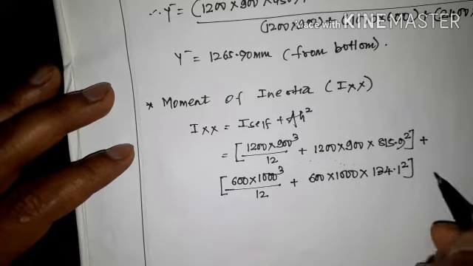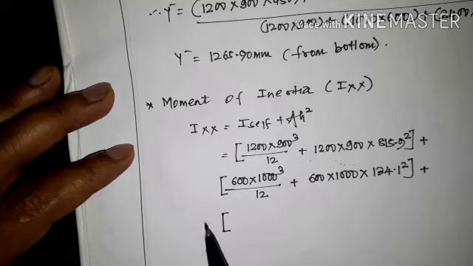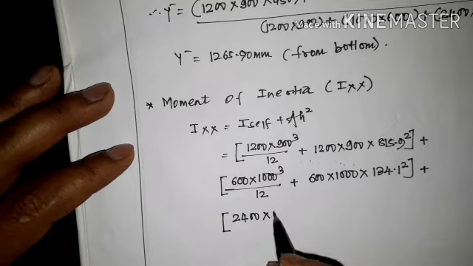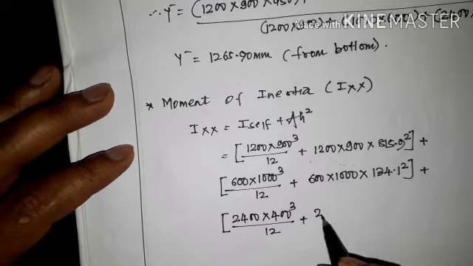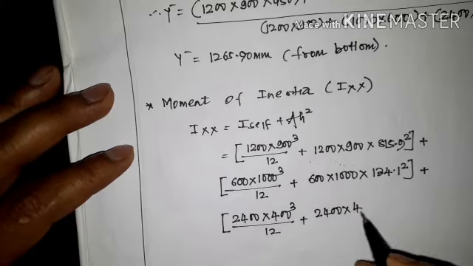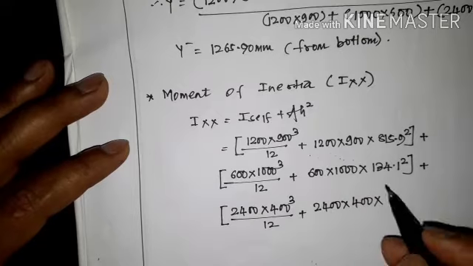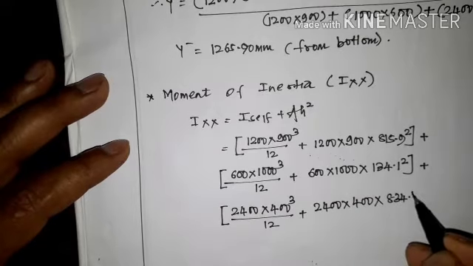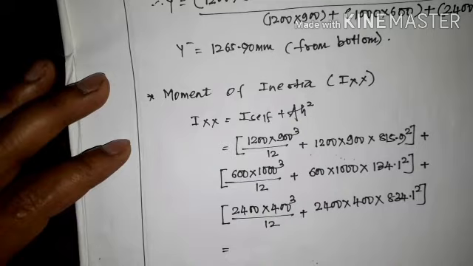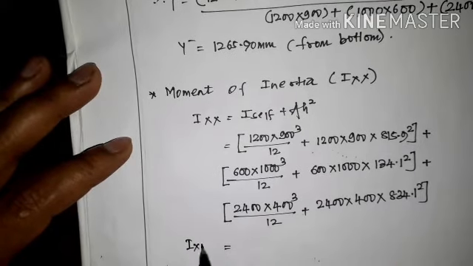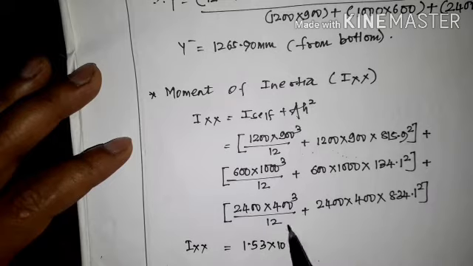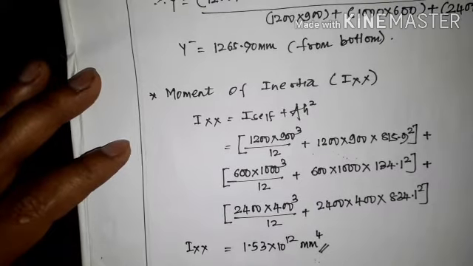Then plus for the top flange, b is 2400, depth is 400, cube by 12, plus area into 834.1 square. So altogether we will get Ixx as 1.53 into 10 raised to 12 mm raised to 4. So we got Ixx as this much.